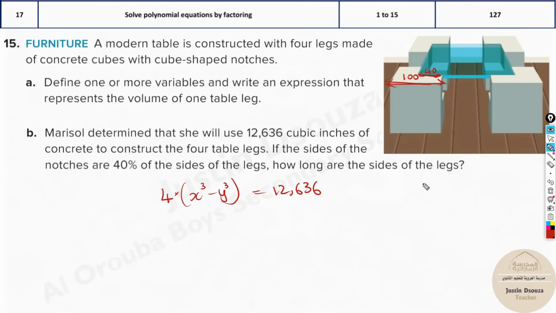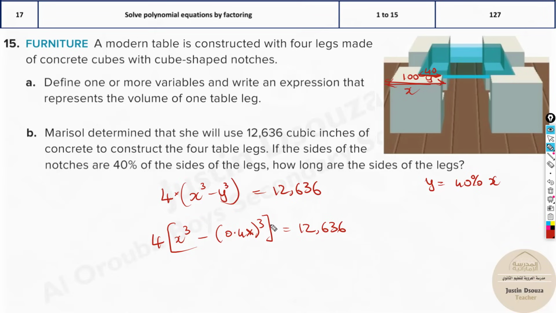So y will be 40% of x. So I write x cube as it is, but instead of y I write 0.4x, the whole cube. This all multiplied by 4 is equal to 12,636.